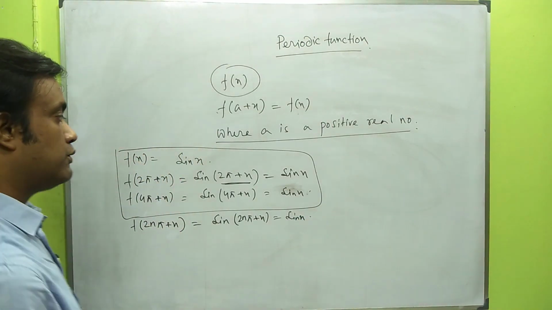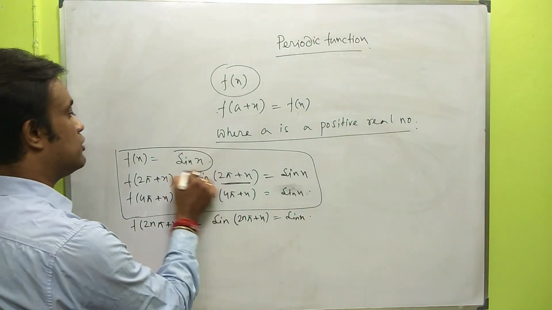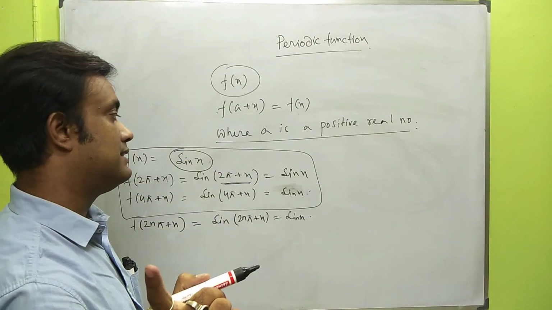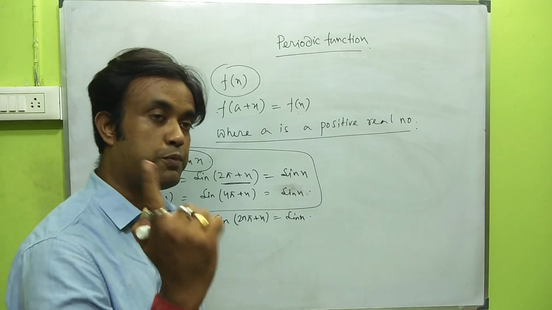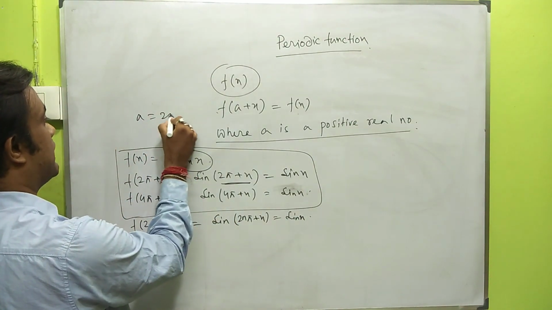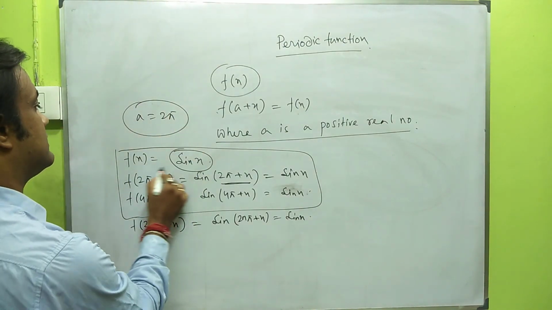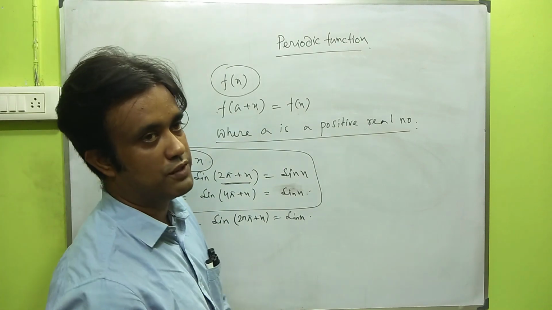So what will be the period of this sin x function? The period will be the least positive real number. Here a will be 2 pi.